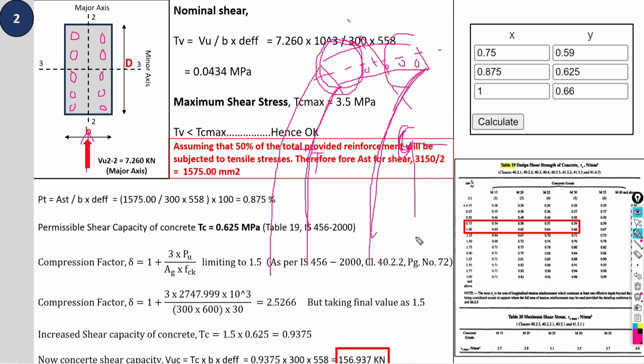So only 50% of the column is in active mode for resisting the shear, because it is under compression, and the half part under tension is in a stable condition. The reinforcement and the concrete present in this zone are in a stable condition itself. If it is already stable, why should it take part in resisting the shear? That's why we give importance to only 50% of the reinforcement.